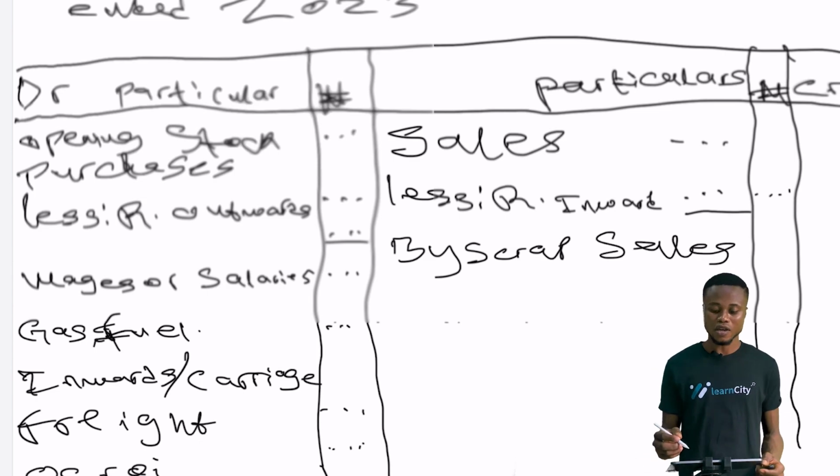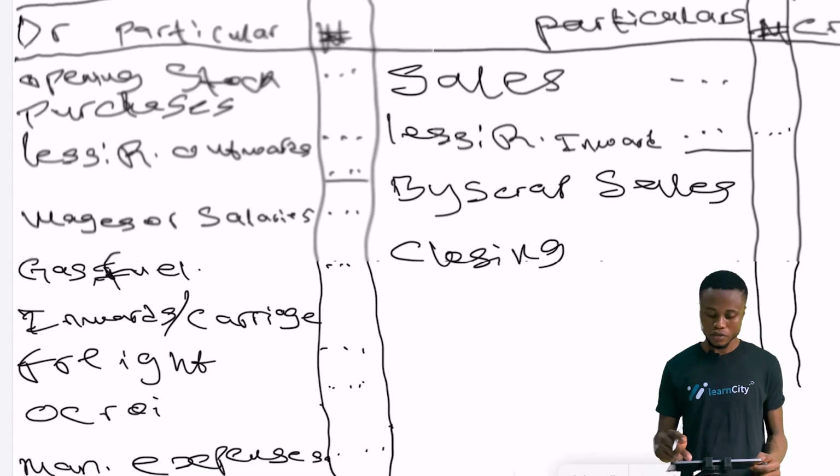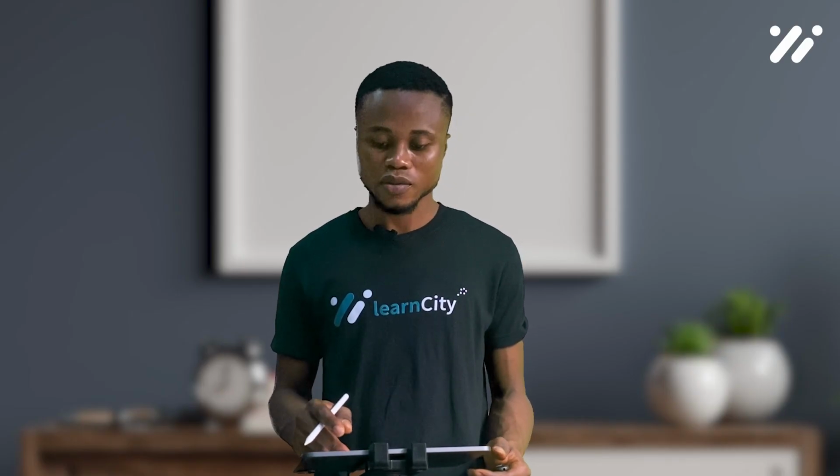So after that, you have to bring in your closing stock. This closing stock will be given in case you have it in your type of question. So the amount will also be here. So this is just a little aspect I can explain about the format of trading accounts.